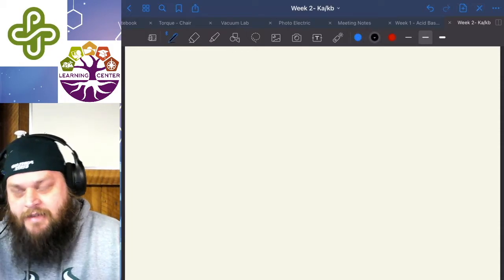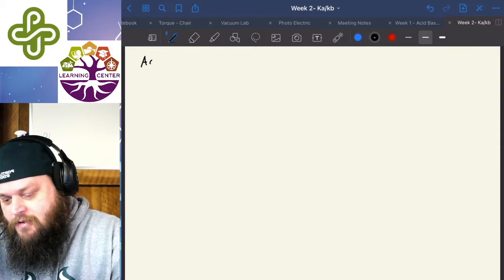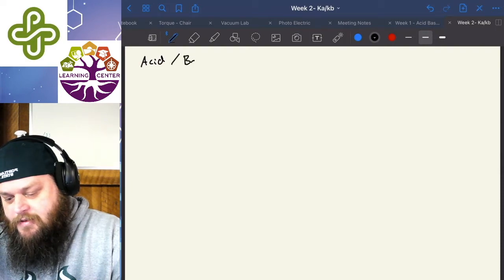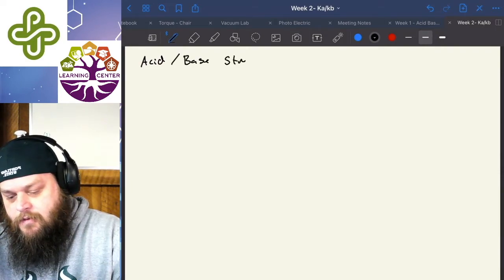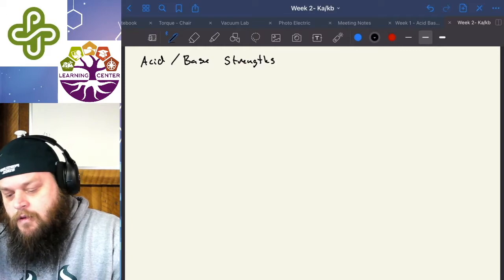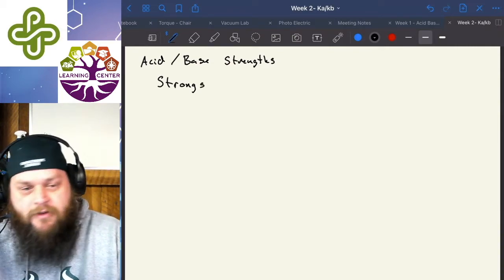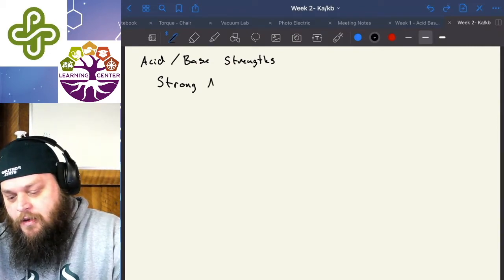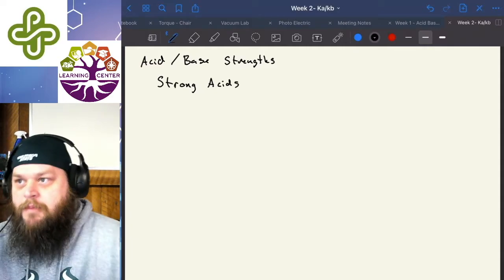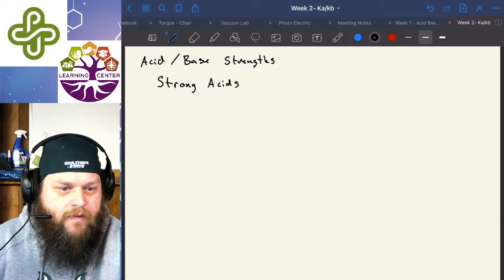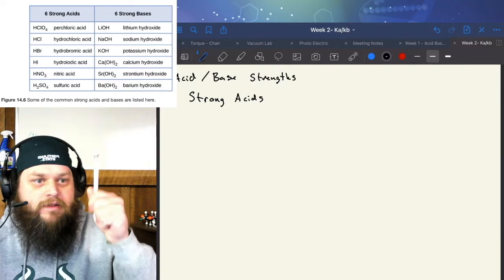So when we talk about acid and base strengths, strong acids, and there's probably about 6 different strong acids that you should really pay attention to and make note of. They're listed right above my head.